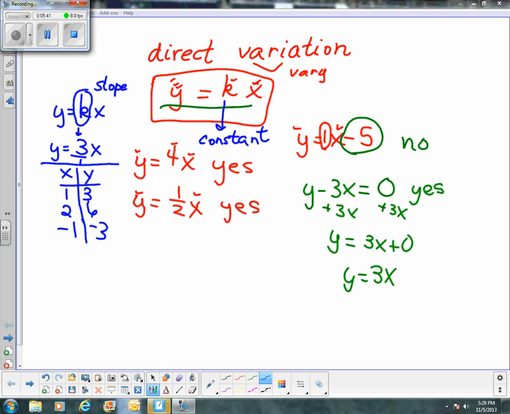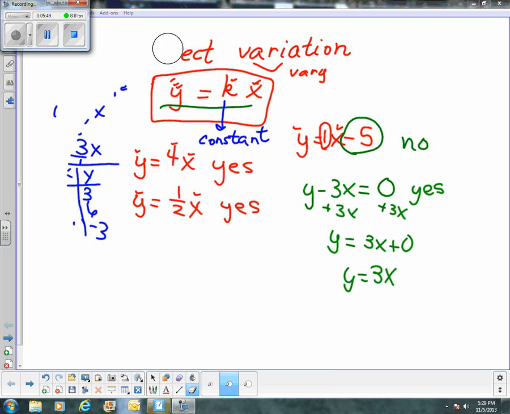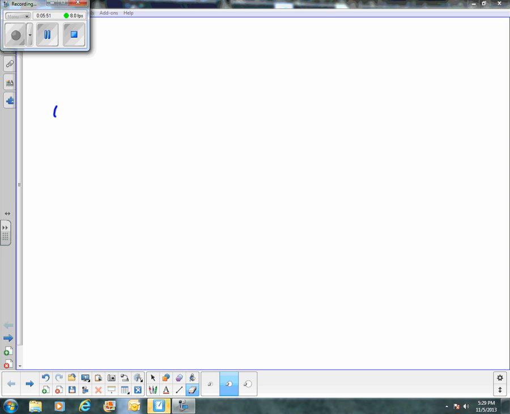Now, when we graph that, look and see what happens. Okay, so we have our grid.